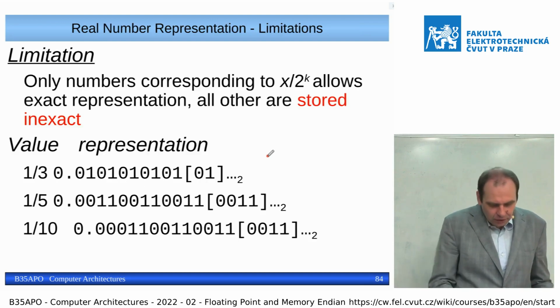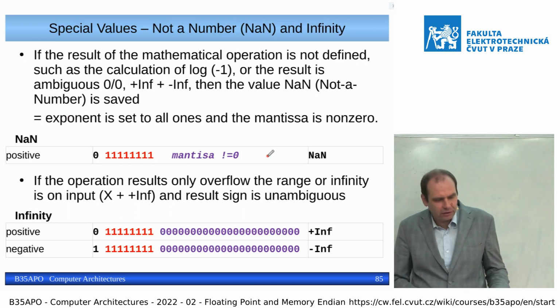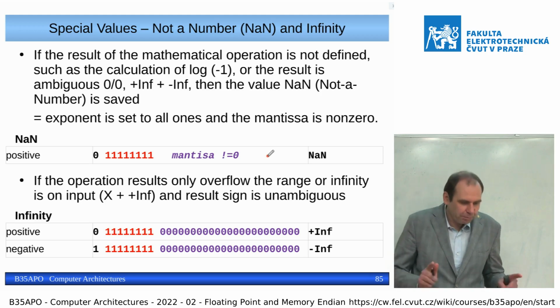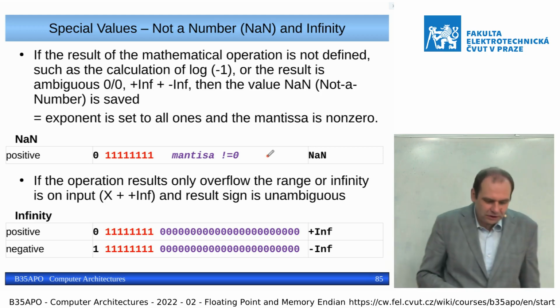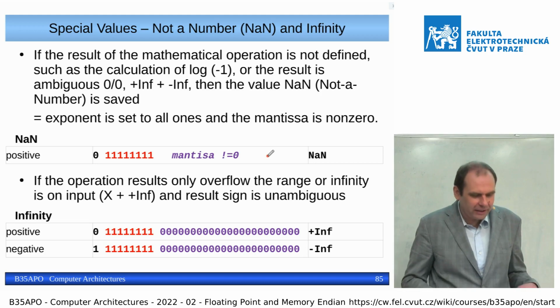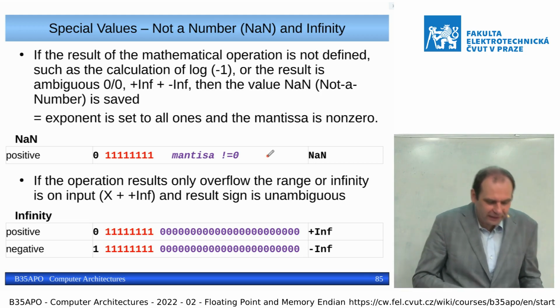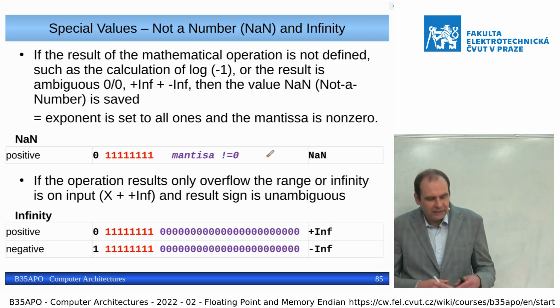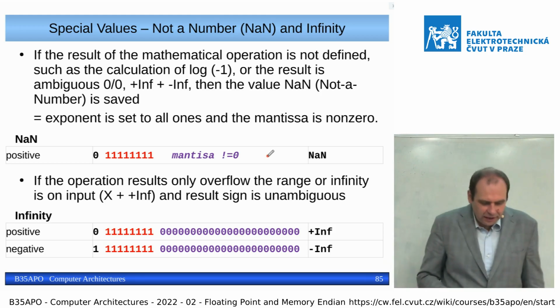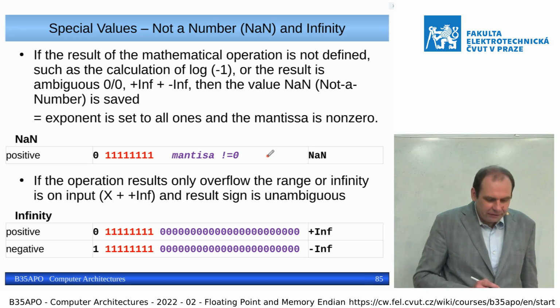There are other examples of such numbers which cannot be exactly represented. If you really need to count with absolute precision, then you need to work with fraction arithmetic and use some complex libraries, and at some moment you can anyway get to a state when the resolution is not enough.